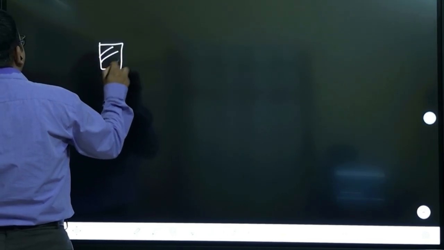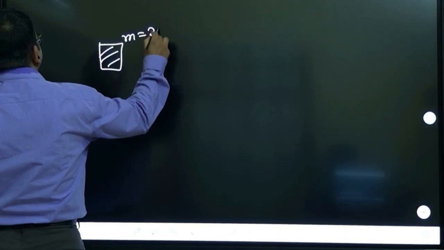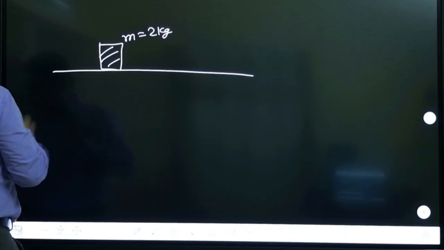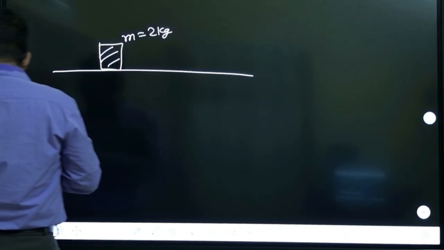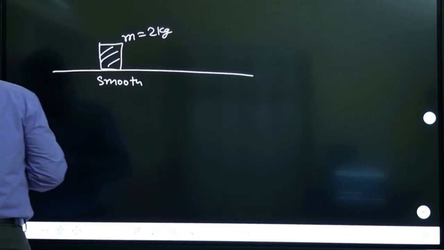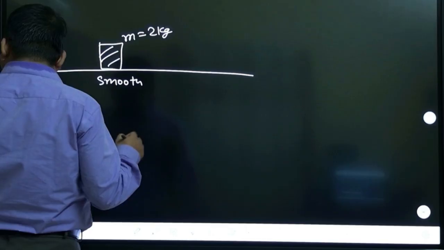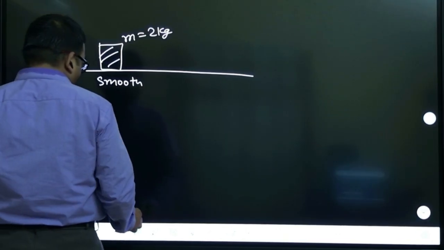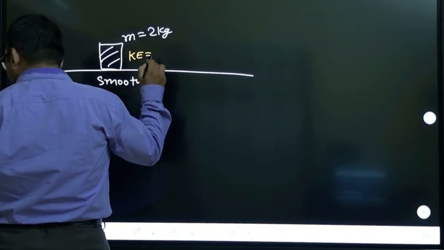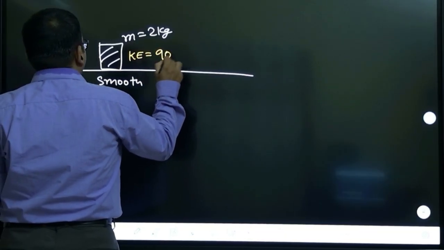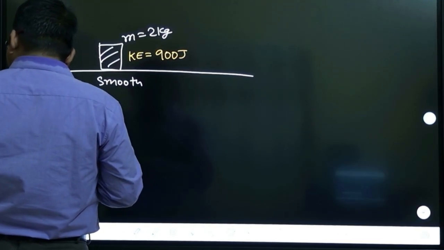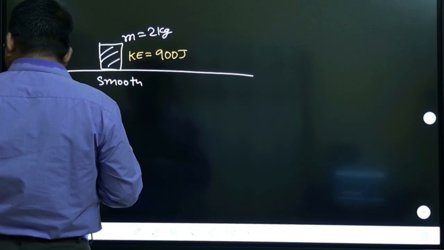Friction is not there, so you can take the surface as smooth. At some instant, it has a kinetic energy of 900 joule, and 2 seconds later, it is only 400.